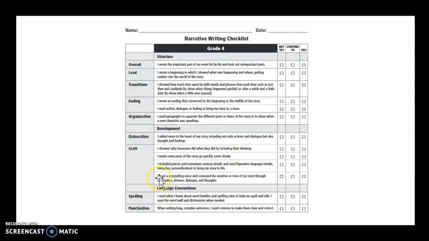And then, of course, you want to make sure that you're using a storytelling voice and conveying the emotions and tones of your story through your description, through your phrases, through your dialogue, through your thoughts. That's why we took so much time on the front end, really planning what we wanted the tone of our paper to be, what we wanted our story to be about, so that as we were writing it, we could tell that story.